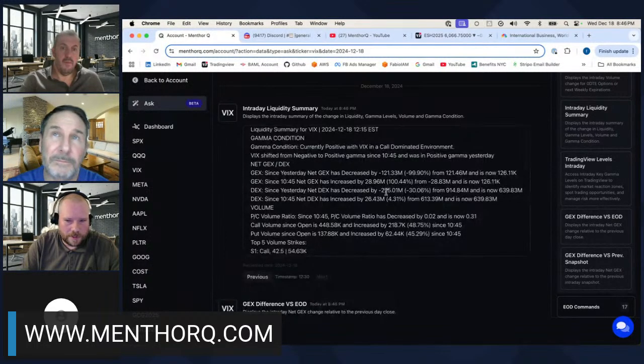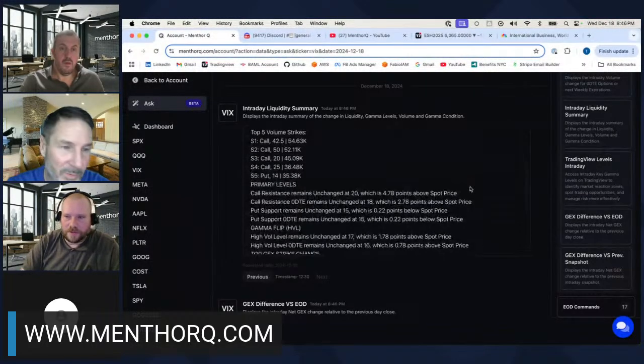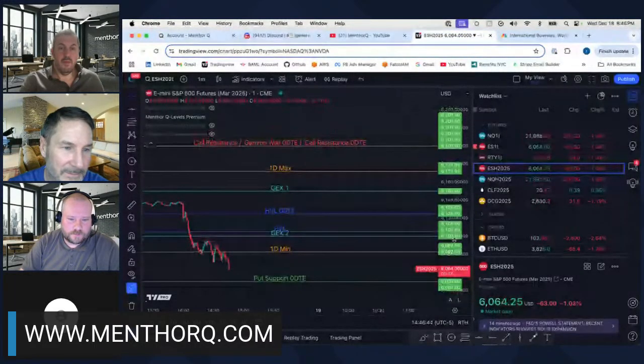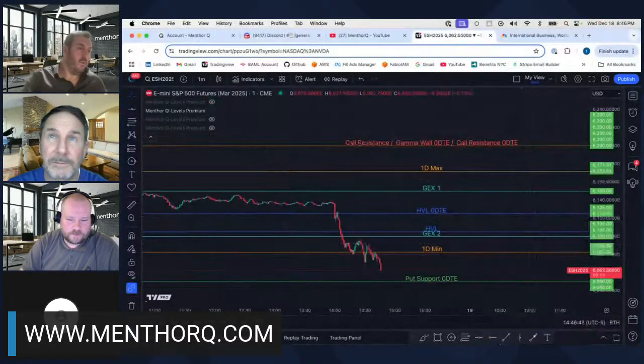But we've got that nice put support level down there for the ES. And others are watching this stuff too, right? Because people are aware of the option levels in VIX as well as we are.